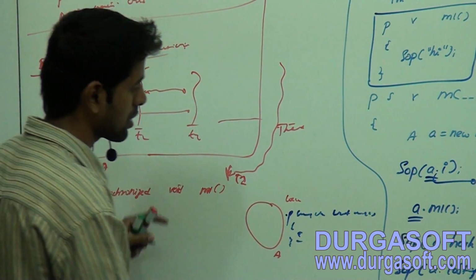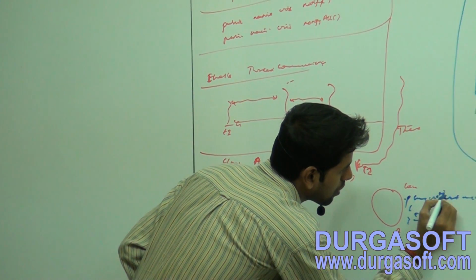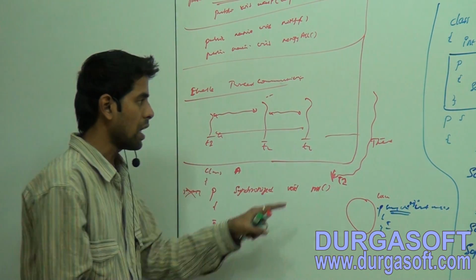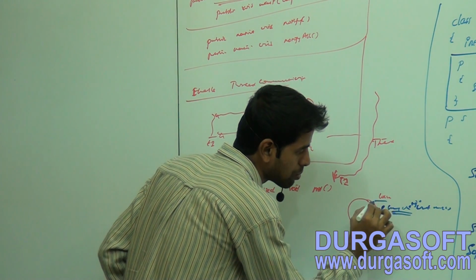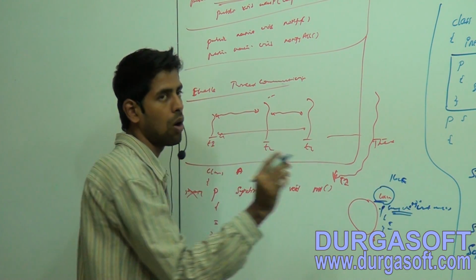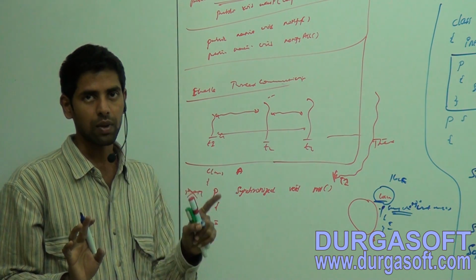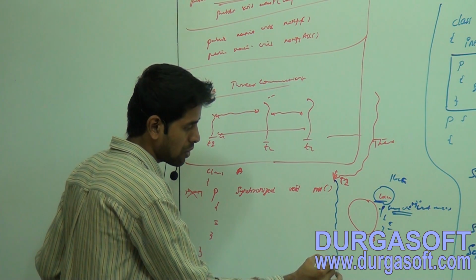In order to execute this synchronized method, a thread should acquire the lock of this object, and there will be only one lock for each and every object. Now think that T2 is executing this method.